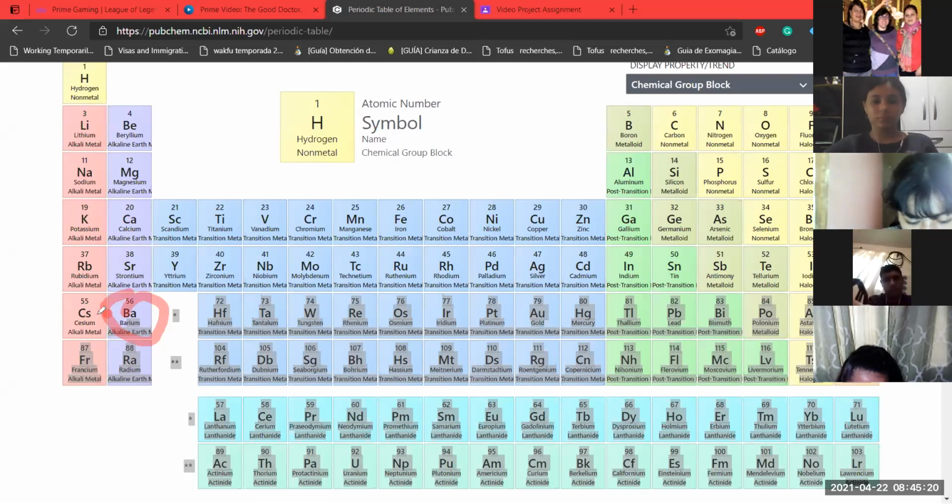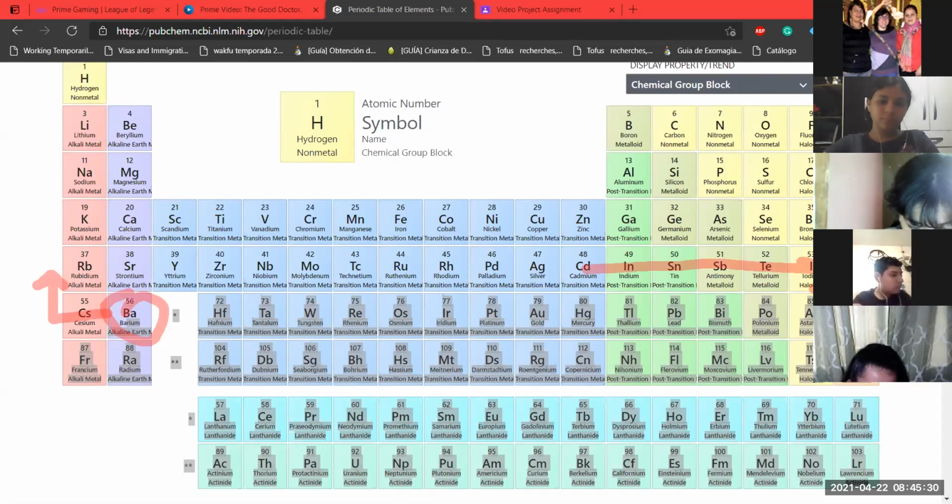So I need to go back and look for the next noble gas. The next noble gas that is exactly before barium is xenon. Xenon, which has an atomic number of 54. So this is the noble gas that is going to work for us.